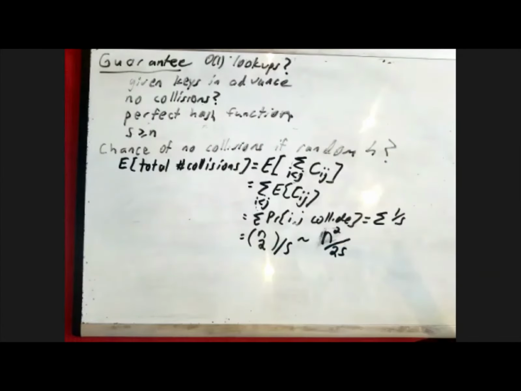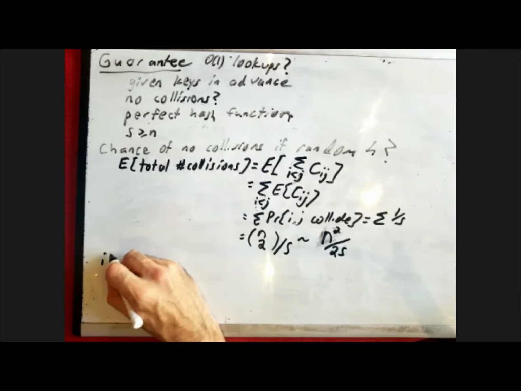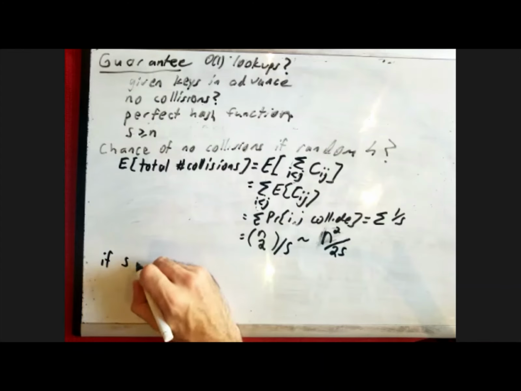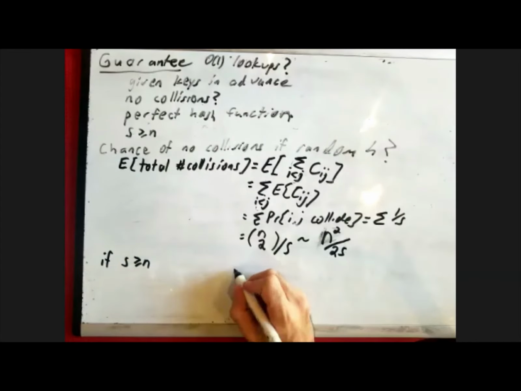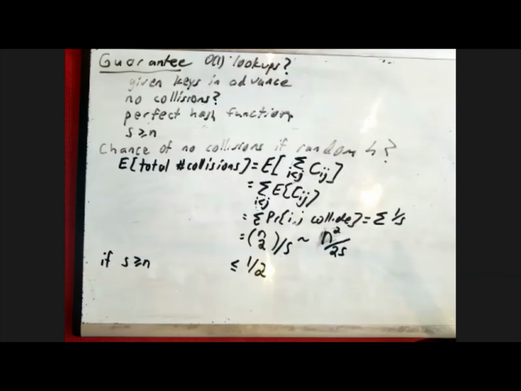So in particular, if s is at least n squared, then this quantity is less than or equal to a half. So if I use quadratic space, the expected number of collisions will be 1/2, right?